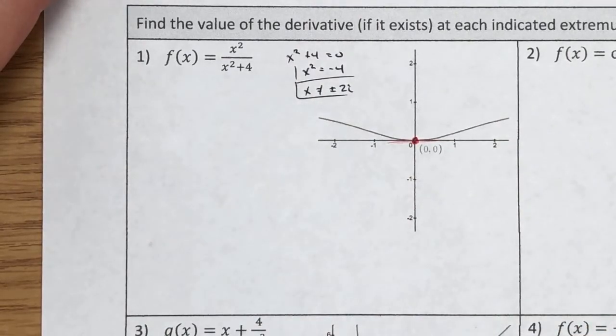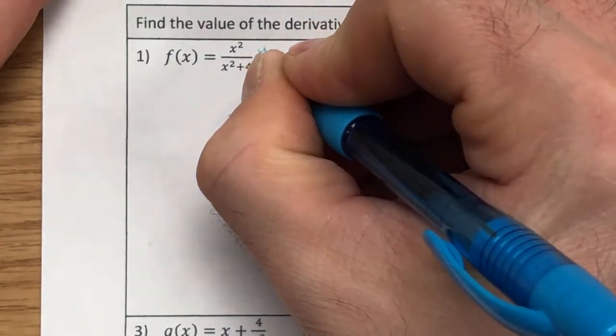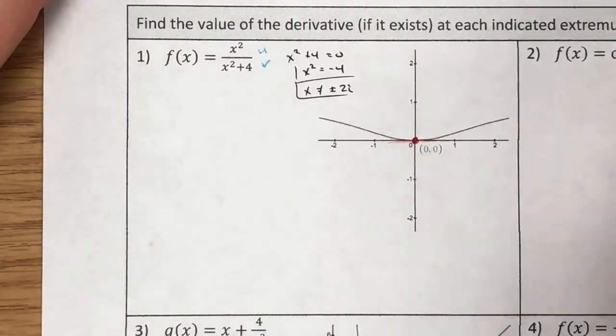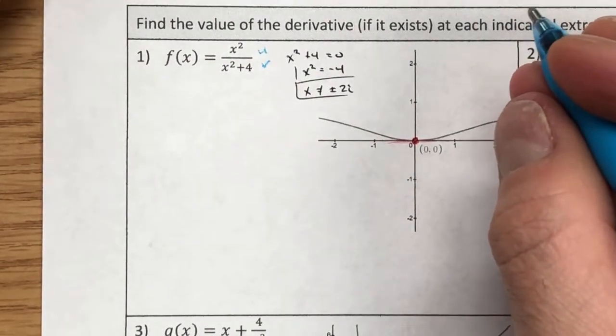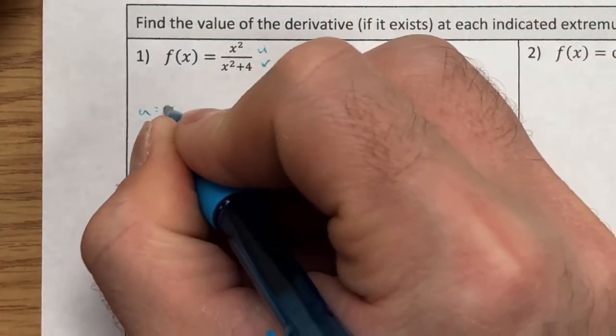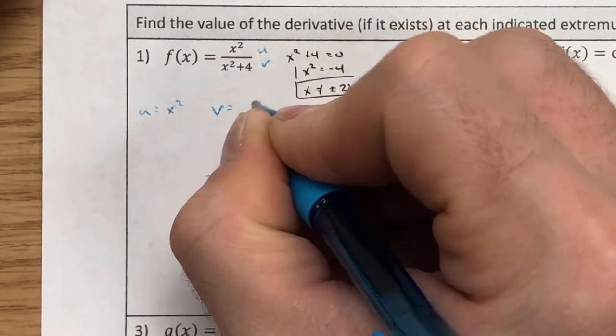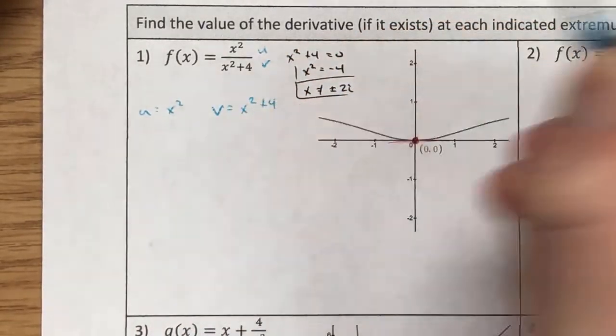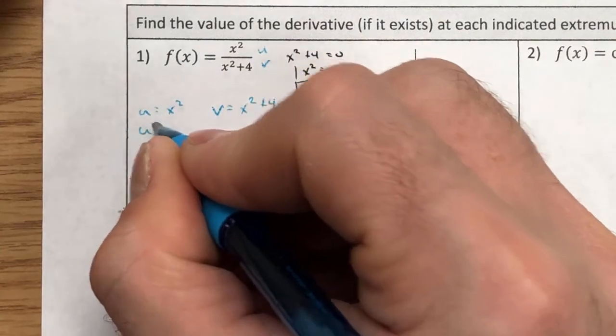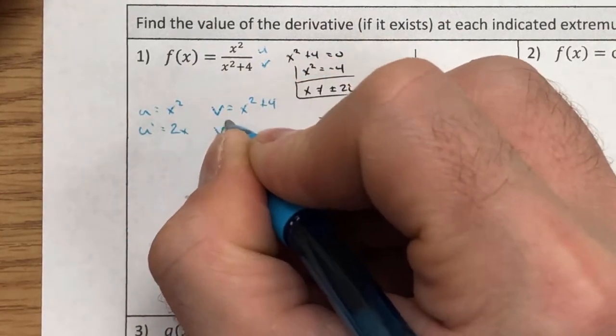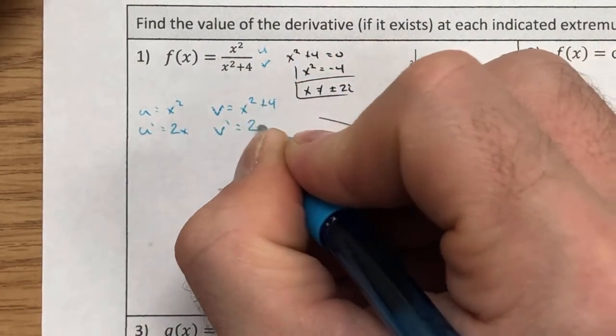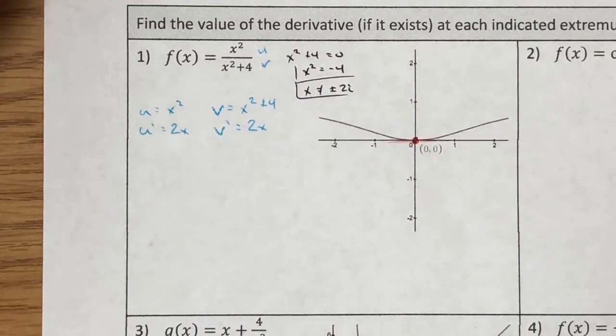Well, I know the derivative of this equation, let's do this in blue, is going to be a u over v derivative. The u, what we're seeing right here, is going to be my x squared, and my v is going to be my x squared plus 4. So u prime is 2x, and v prime is also 2x, the 4 going away.